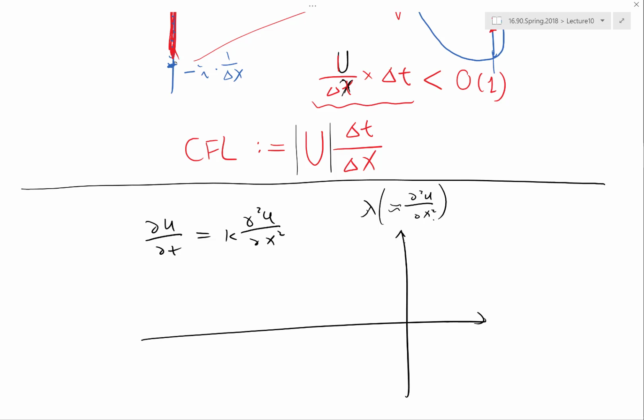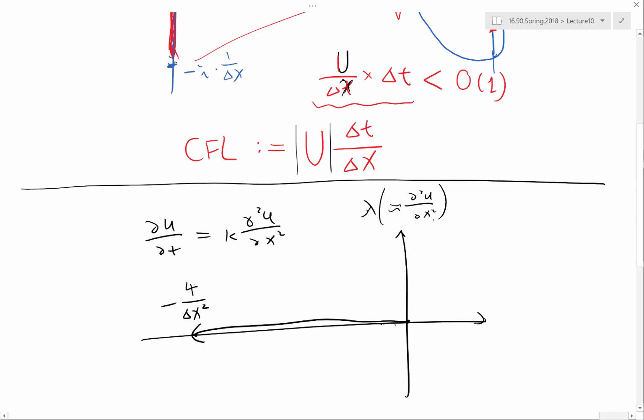I mean, none of them are imaginary, but they go back very far, right? They go all the way to minus 1 over delta x squared. Actually, I think it's not just 1 over delta x squared. I think it's actually minus 4 over delta x squared.